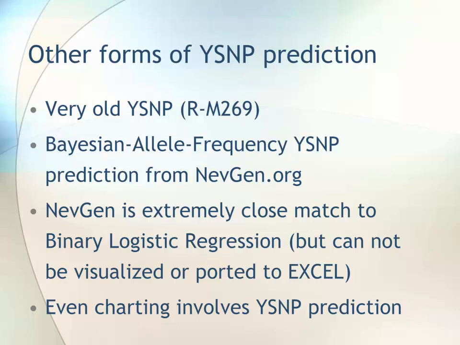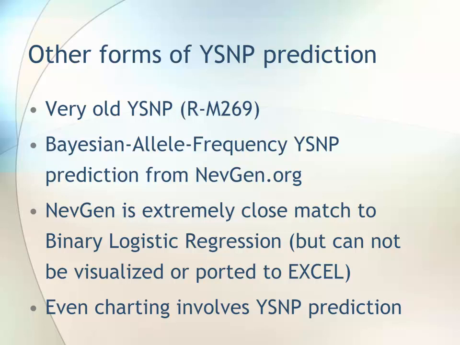There is another extension of this, which is Bayesian allele frequency technology done by a company called Navgen out of Serbia. This is very accurate, and Navgen extremely closely matches binary logistic regression.